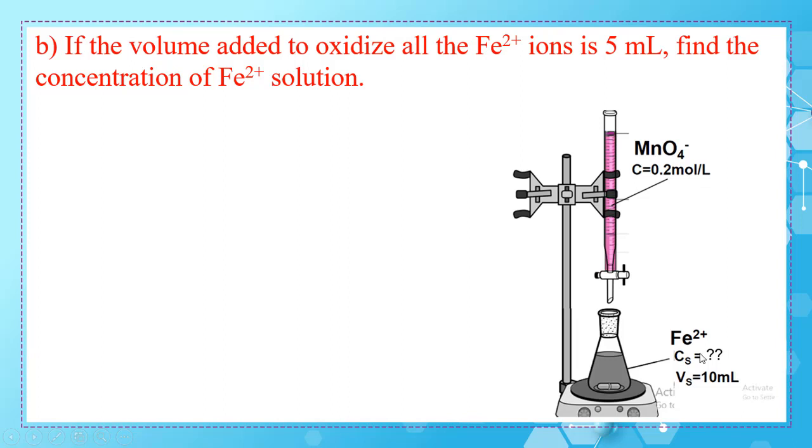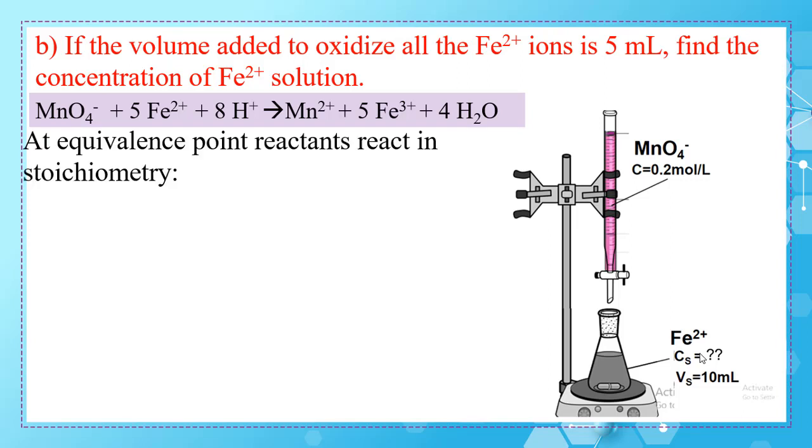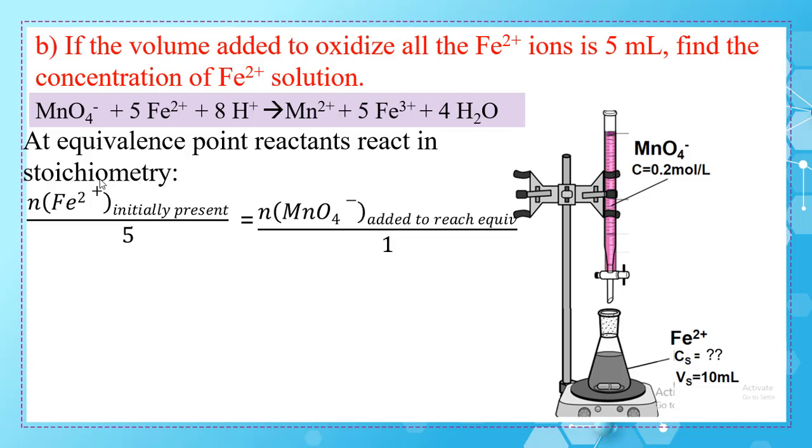To find the concentration of the analyte, which is Fe2+, we start by writing at equivalence point reactants react in stoichiometry. So the ratio of Fe2+ is equal to the ratio of MnO4-. Fe2+ is initially present in the beaker and MnO4- is added from the burette.